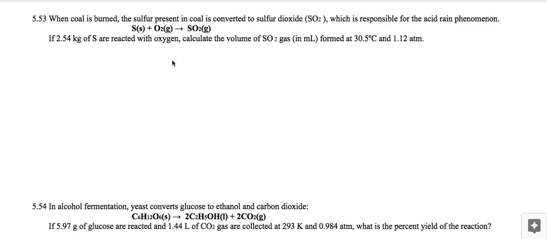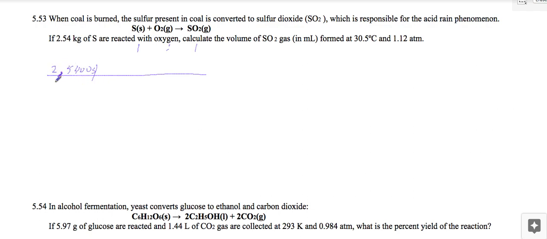It's a 1:1 ratio again, so we need to get to our moles, and since we're starting with our solid, we can just go to moles using our stoichiometry.